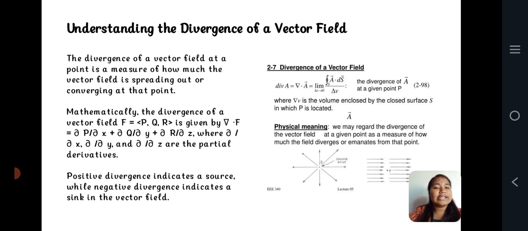Positive divergence indicates a source, while negative divergence indicates a sink in the vector field. As for the physical meaning, we may regard the divergence of the vector field at a given point as a measure of how much the field diverges or emanates at that point.